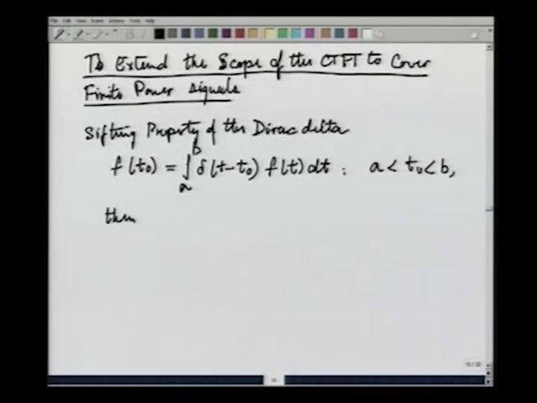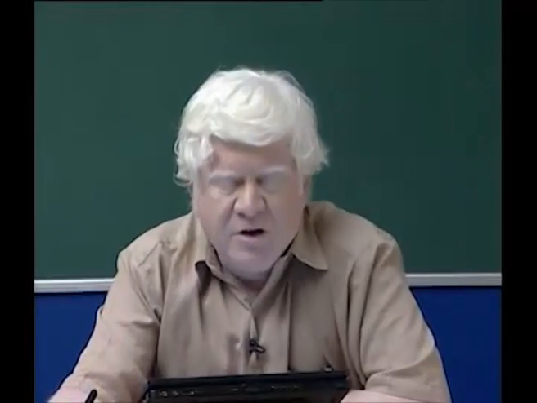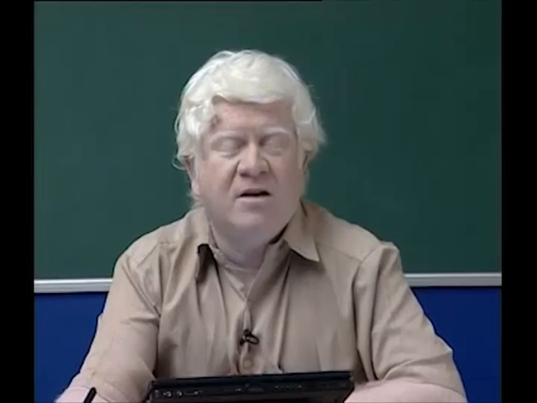So, if t naught lies in the interval where the Dirac delta occurs, then this kind of an integration over an interval that includes the point of occurrence of the Dirac delta will yield an integration of value equal to f of t naught.